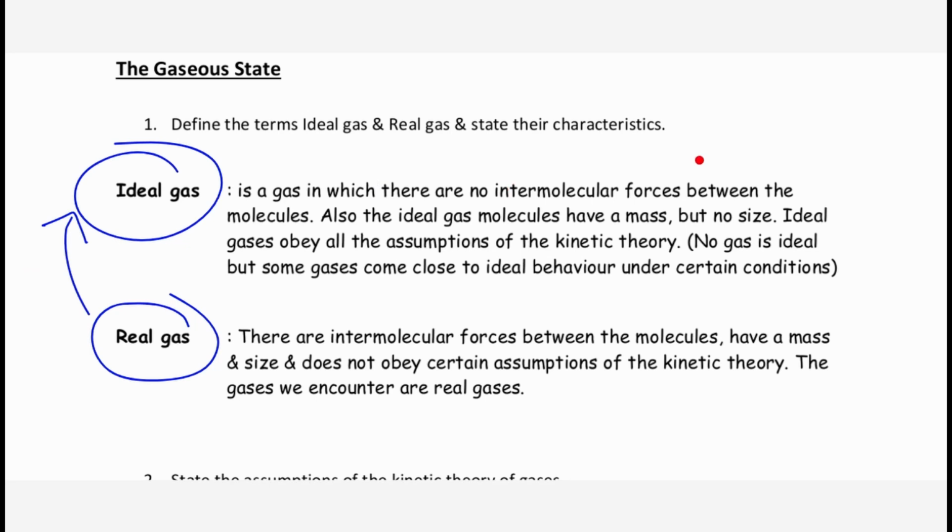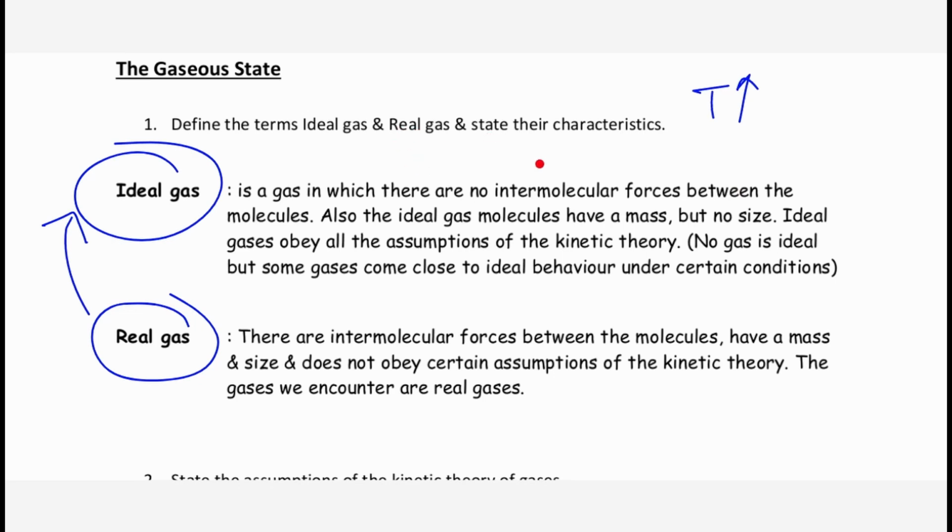For example, at high temperature. If the temperature is very high, the particles gain extra heat energy, and they start vibrating and moving faster. So when the temperature is very high, the vibration of the gaseous molecules is very fast due to the high kinetic energy.